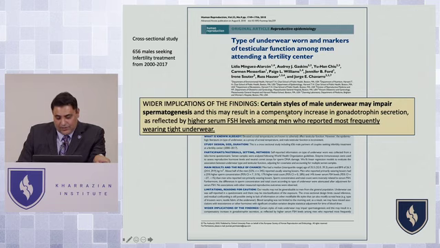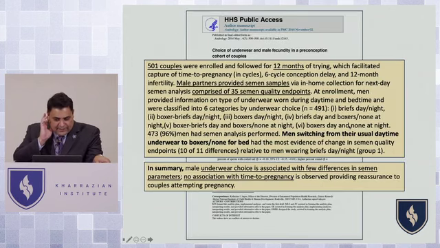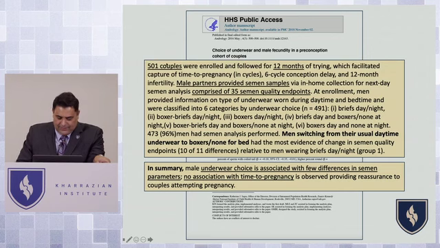And what they found was that certain styles of male underwear may impair spermatogenesis. And this may result in compensatory increase in gonadotropin secretion related to higher serum FSH levels among those who reported most frequently wearing tighter underwear.